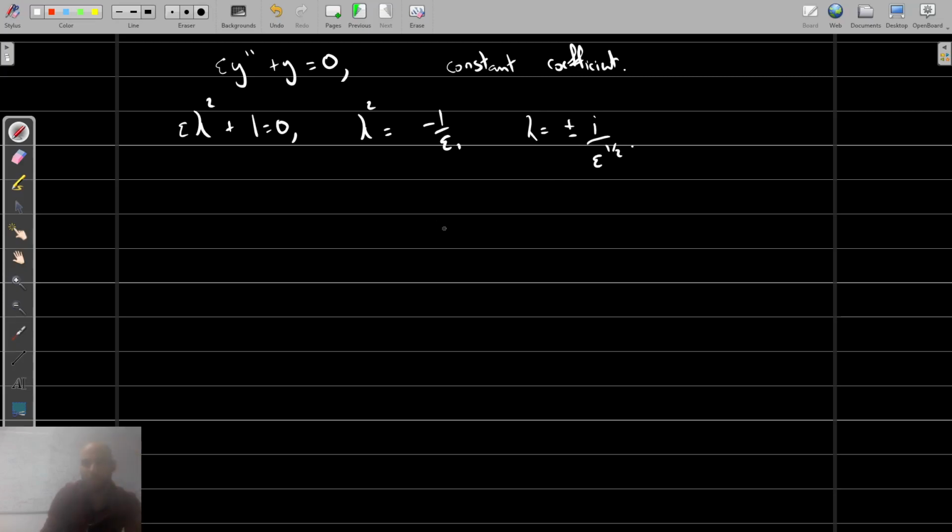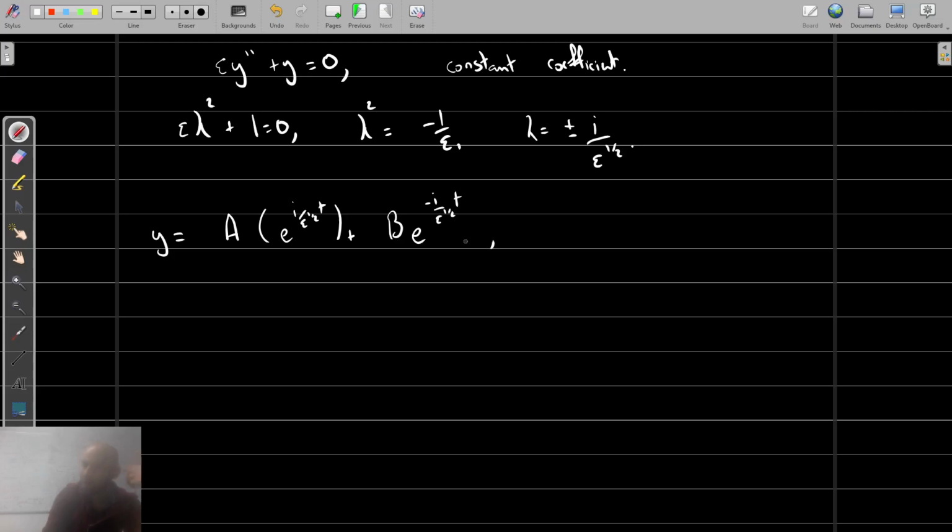Now we could immediately say, just like we've done previously, that I've got my two values of lambda. So we could say that y is a e to the i over epsilon to the half t plus b e to the minus i over epsilon to the half t.